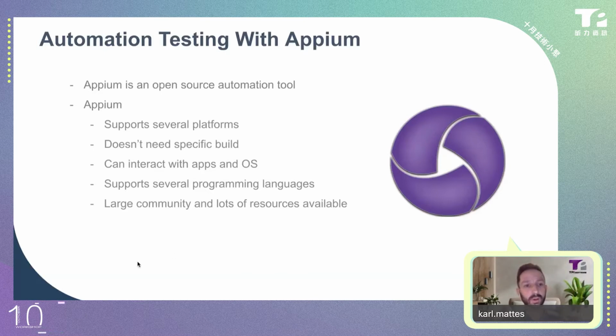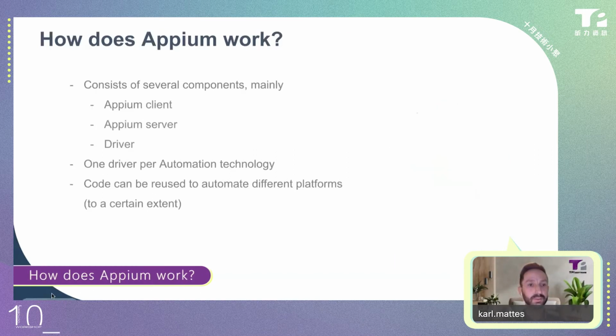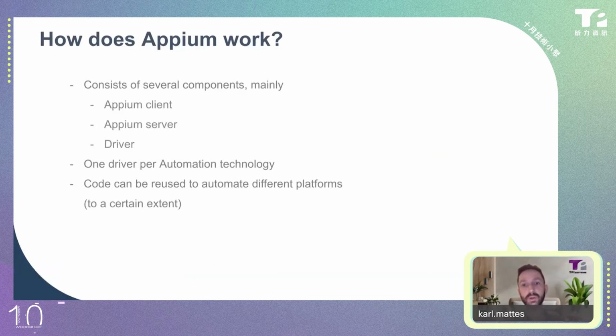Now let's have a look at how Appium works under the hood. In general, Appium is not only one thing. It consists of several components, which are mainly the Appium client, an Appium server, and a driver. Now, Appium, as we mentioned before, supports automation of several platforms.